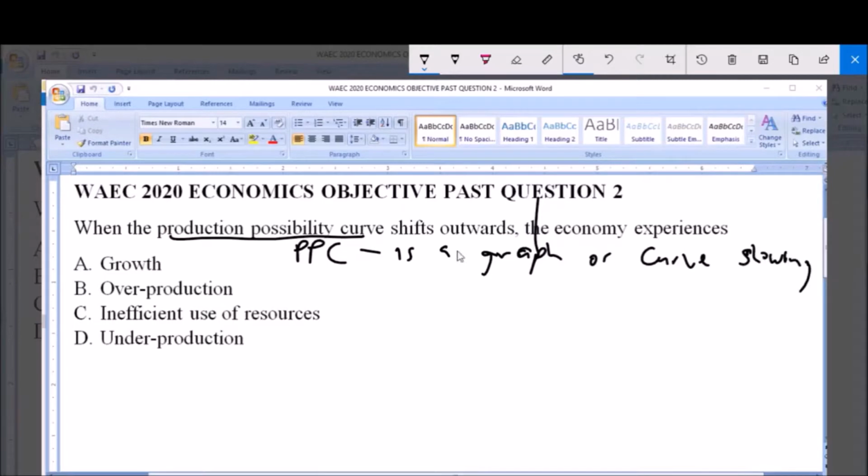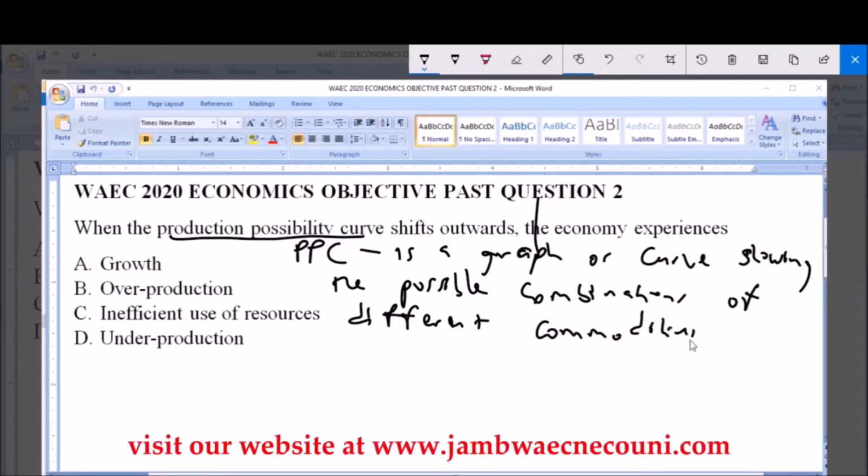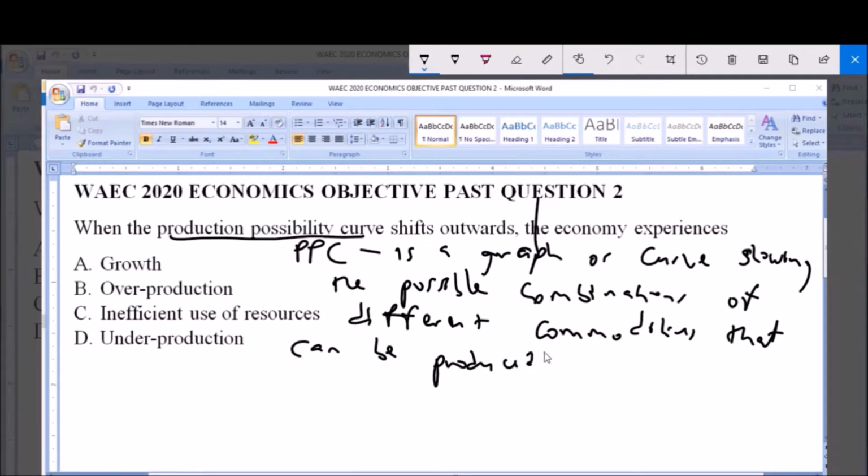showing the possible combinations of different commodities that can be produced in a given economy.